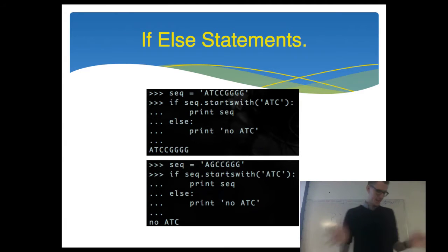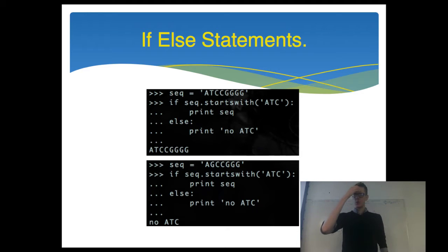Okay, so here's another example of an if and else statement, this time with a string and with a nucleotide sequence. So if my string called seq is those nucleotides, we might want to check whether our seq dot startswith ATC.